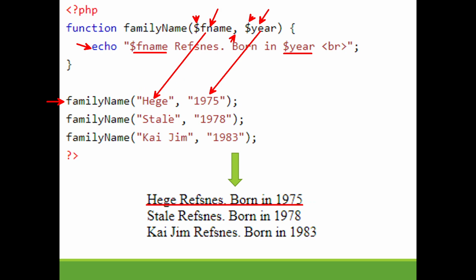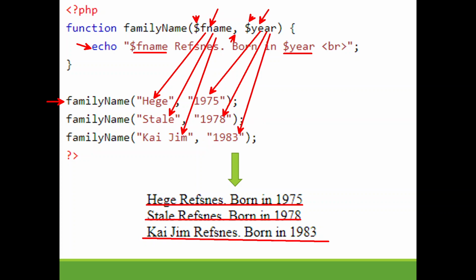Similarly, here we call it, that one is going to go there, that one is going to go there. And therefore, the output of that function is going to be this. Finally, this one here, Jim will be stored there. This one will be stored here, and the output is gonna be this. So I hope that is clear.